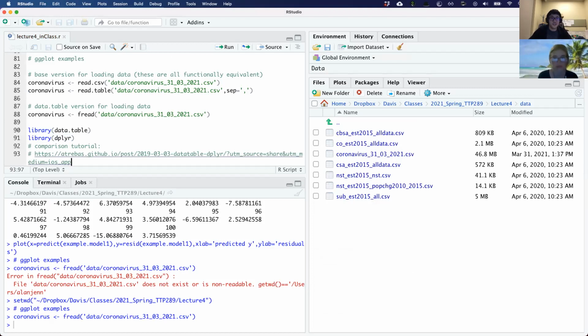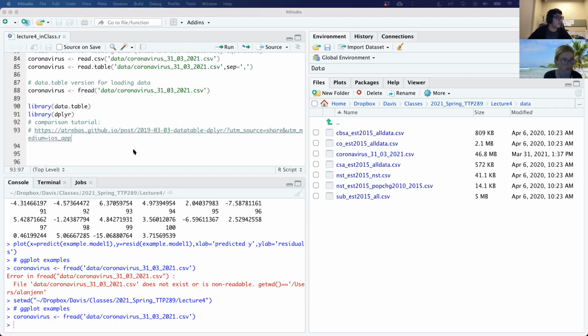Quick question, Alan. Yeah, go ahead. I'm curious, can FRead also handle all types of data, like characters, or do we need to clean up or do any operations afterwards? Functionally, it's going to do the same thing as read CSV or read table.